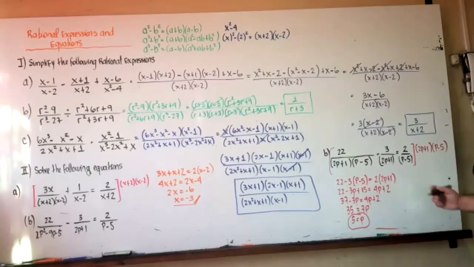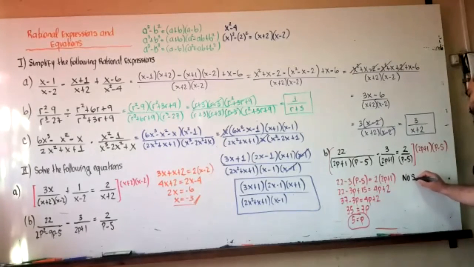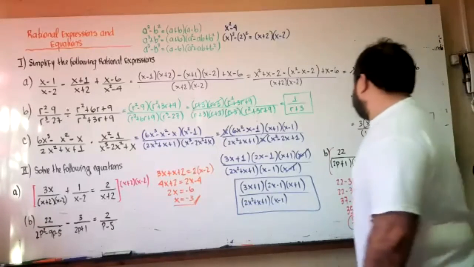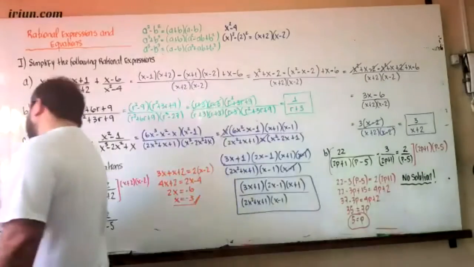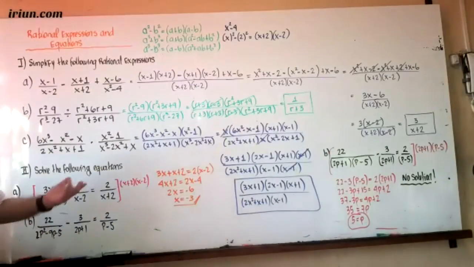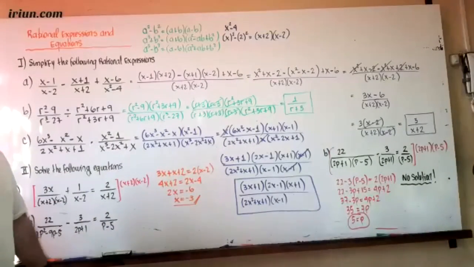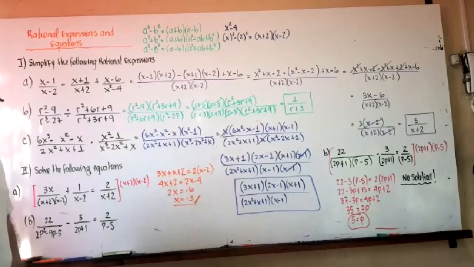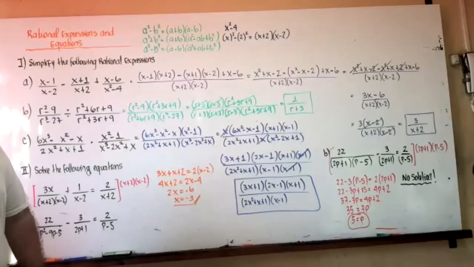For that reason, the answer will be no solution, because 5 is a vertical asymptote. That's why there's no solution set in this problem.